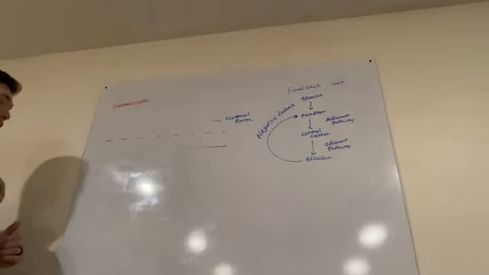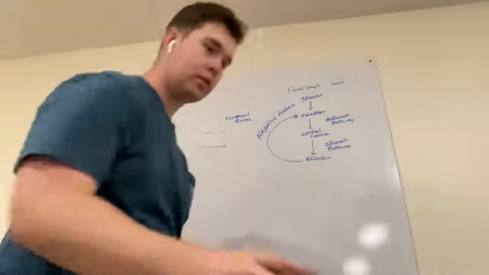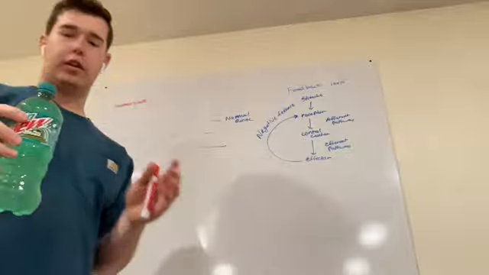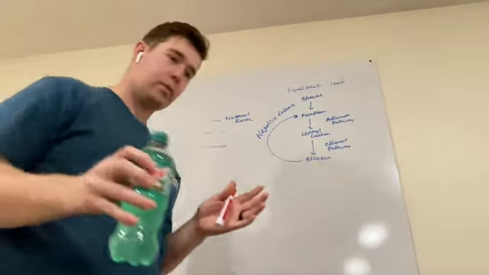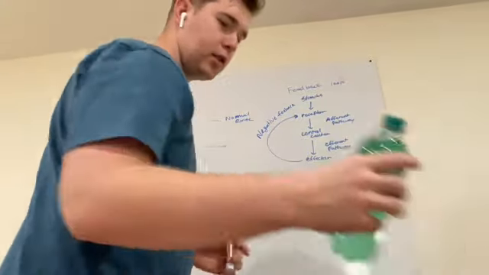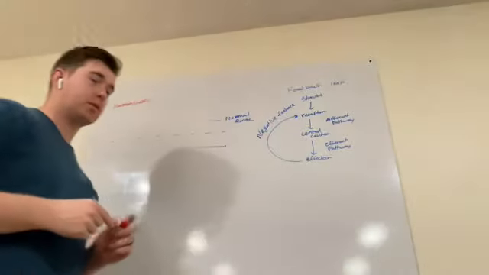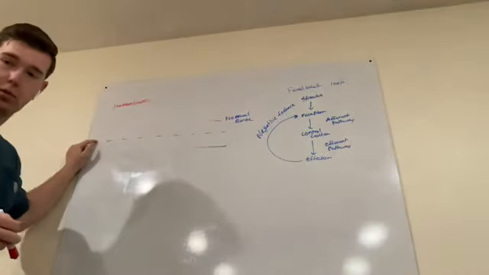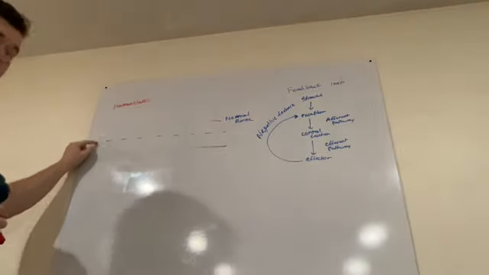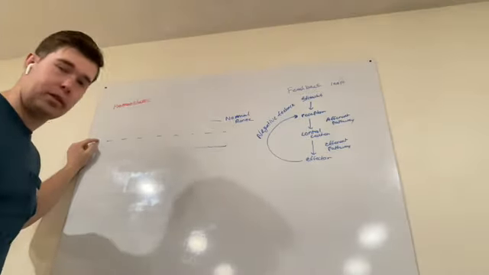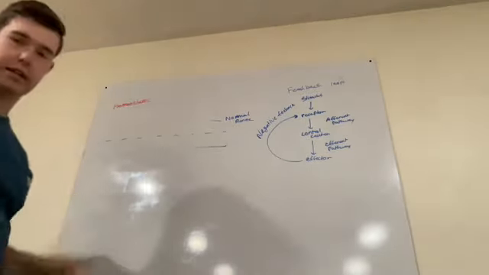So we'll turn back to our graph over here. A good example of this: if I was to drink this Baja Blast, this has 73 grams of added sugar. My blood sugar is set at a normal range right here, where it goes up and down based on the meals you last had around this set point.